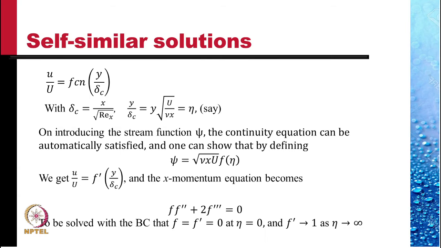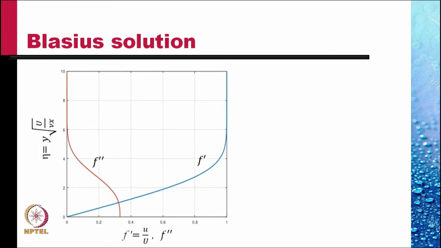And the far away boundary condition becomes f prime tends to 1. That's lowercase u divided by capital U is 1 as eta tends to infinity. This equation is rather easy to solve.